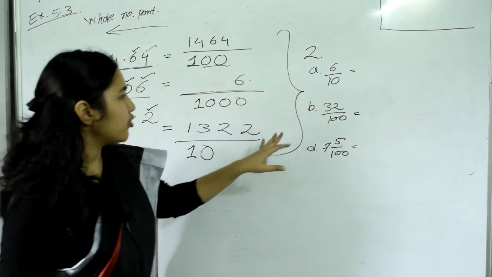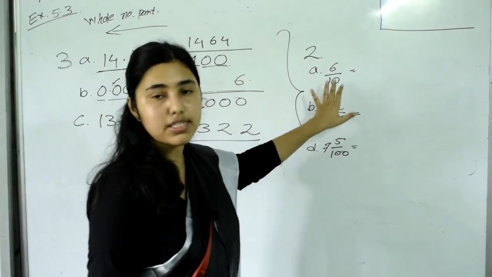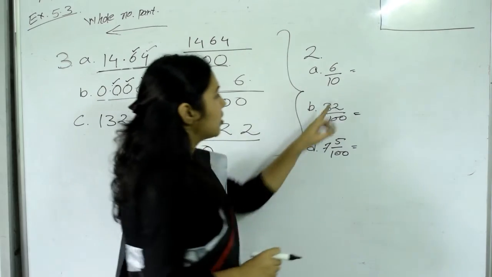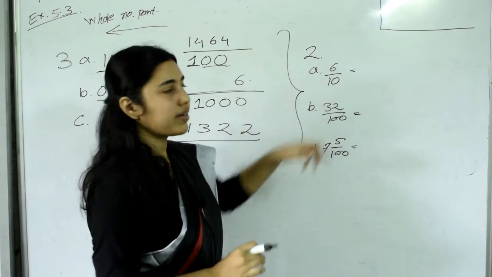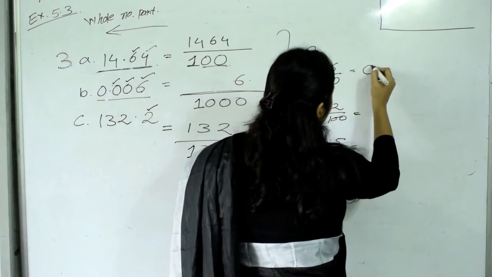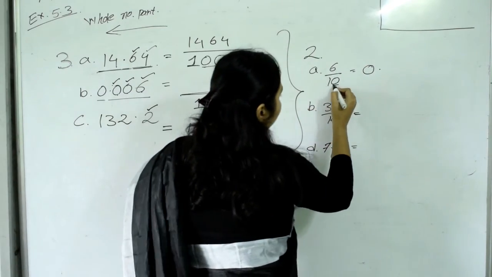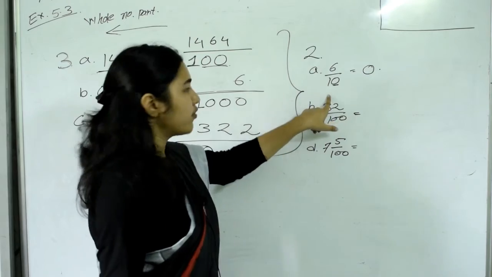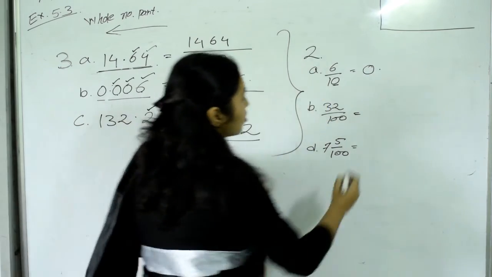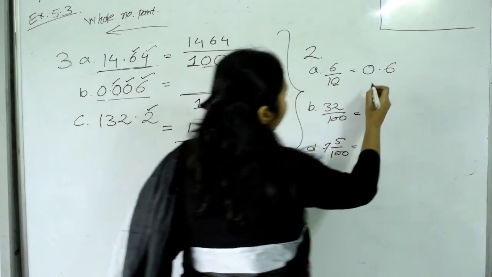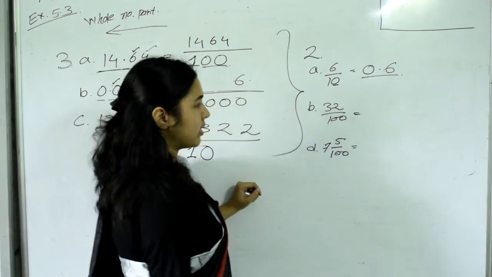Okay. Here we have to convert these fractions into decimal values. So 6 by 10. In the denominator we have 1 0, right? Followed by 1. So take 1 decimal place. Our answer is 0.6.